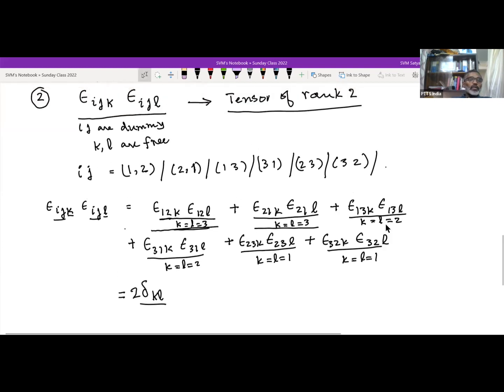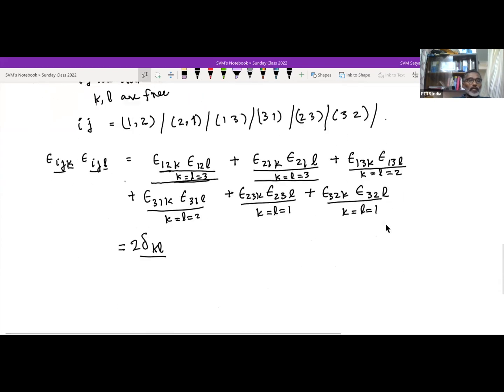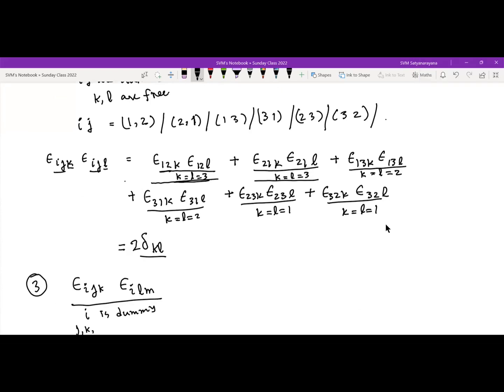Then we will go one step further. So now we will ask, what is epsilon ijk multiplied by epsilon ilm? Here we are saying only one index is common. So here i is dummy. And how many free indices are there? j, k, l, m. 4 free indices.